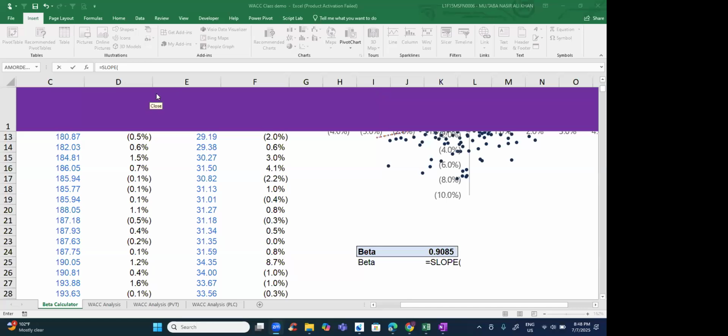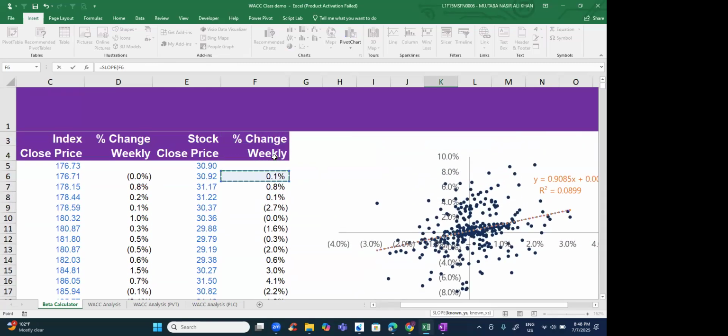Stock is dependent. So let's do it. Slope, bracket start, y. You have to take all the percentage returns starting from here.